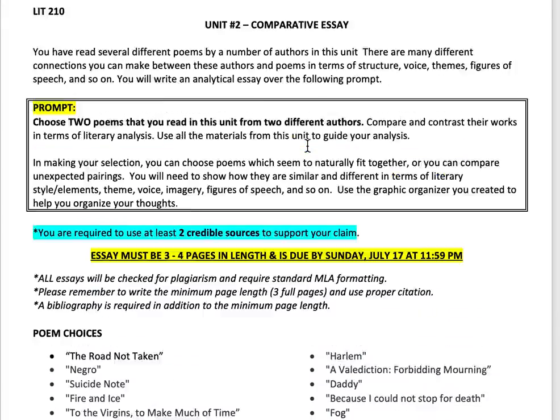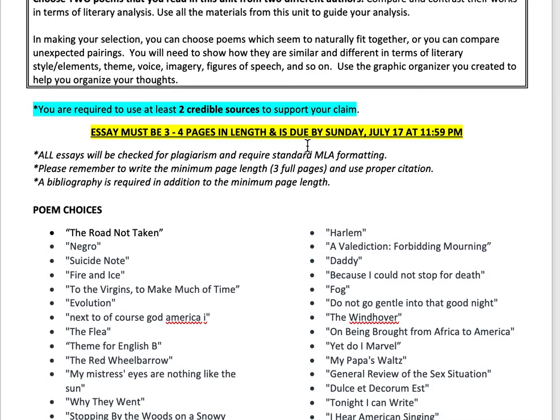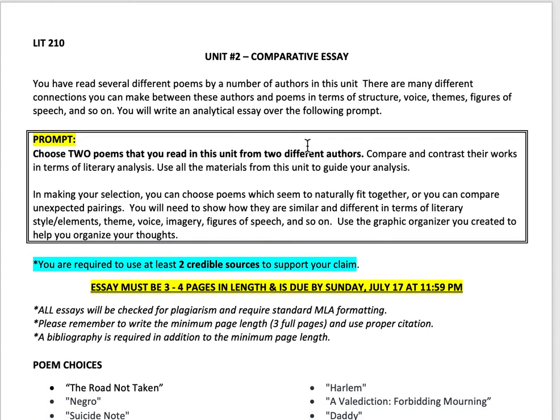So choose the poems that are most interesting to you, choose the content or the topics or the literary elements that are most interesting to you, and let me know if you guys have any questions.